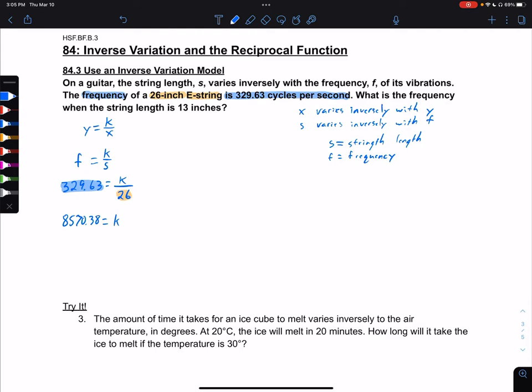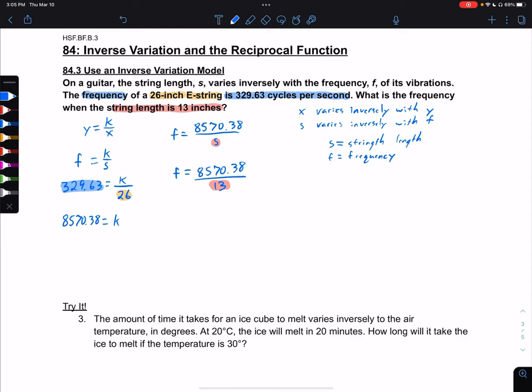8,570.38. So my inverse variation function would be F is equal to 8,570.38 over S. Now we want to solve for what is the frequency when the string length is 13 inches. So we're solving for F when S is equal to 13.